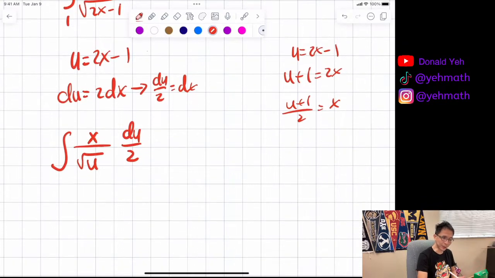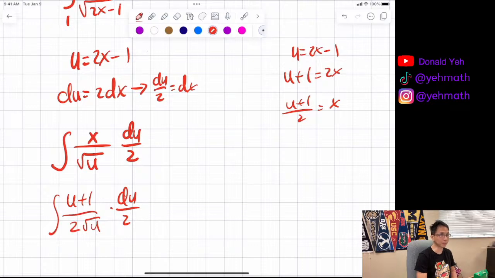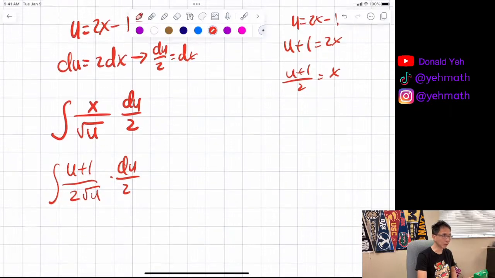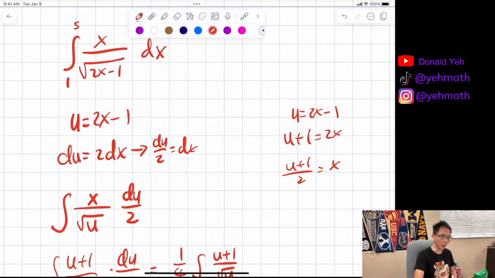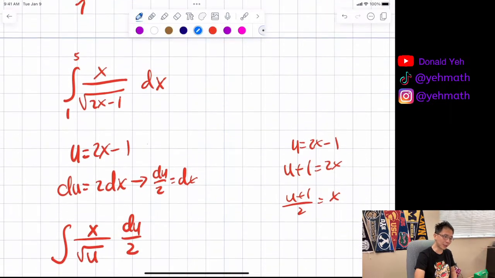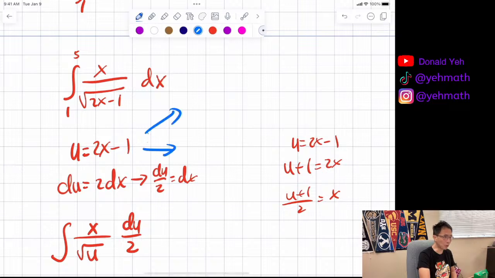So that is going to be the integral of u plus 1 over 2 times square root of u times du over 2. So far, any questions? Anything I can take out? 1/4. 1/4. Good job. Integration of u plus 1 over square root u between where and where. Now, this is the part that you have to take notes on. This is the only thing that's different.